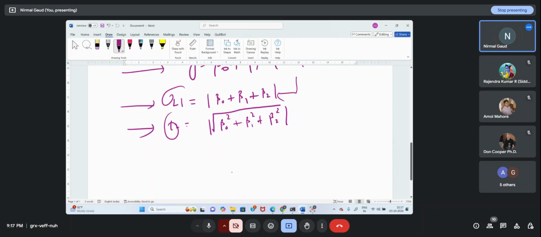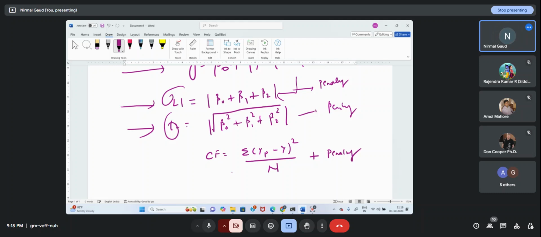These are penalties. How to apply? Where to apply? The cost function of linear regression is the summation of (y predicted minus y) whole squared, divided by n. You have to add a penalty to it to reduce overfitting.